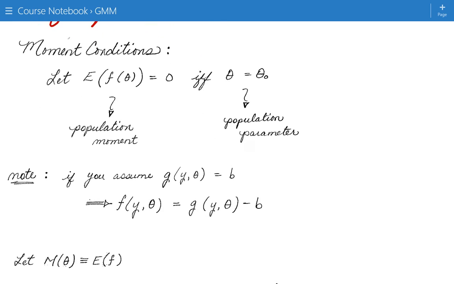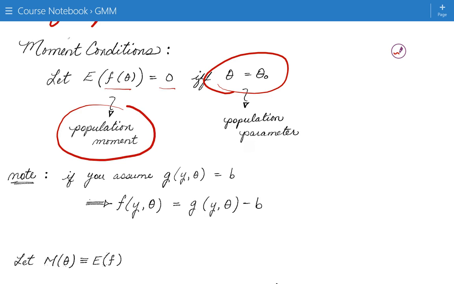Now let's say that the expected value of these functions f is equal to 0 if and only if theta is equal to theta naught. So that essentially our moment equations, or population moment equations, their expected value is 0 at the population parameter and not otherwise.